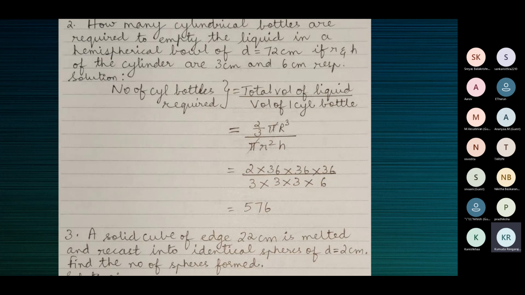And why an uppercase R for the hemispherical bowl? Because its radius is more. Or you can say r1, r2. You can say 2 by 3 pi r1 cubed by pi r2 square h. You can also differentiate like that.